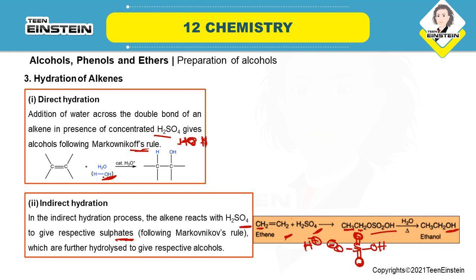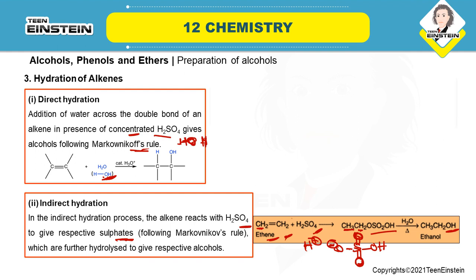So here we are using H2SO4. H2SO4 is added first. Remember, in the first case also we consider H2SO4, SO4 is there, but it is not used in equivalent amount, it is catalytic amount. But in this case you have to use equivalent amount, because for 1 mole of alkene you need 1 mole of H2SO4, right?